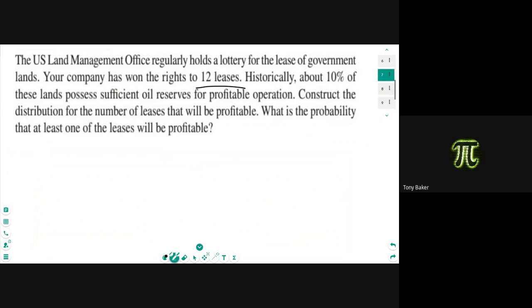That is my number of trials. So one thing you have to ask before you even do this: what do we have to make sure that it is? We need to make sure it's a binomial experiment. Is this a success and failure situation? Yes. Okay, so we're good. All right. So we've got 12 leases. That's the n, the number of trials.